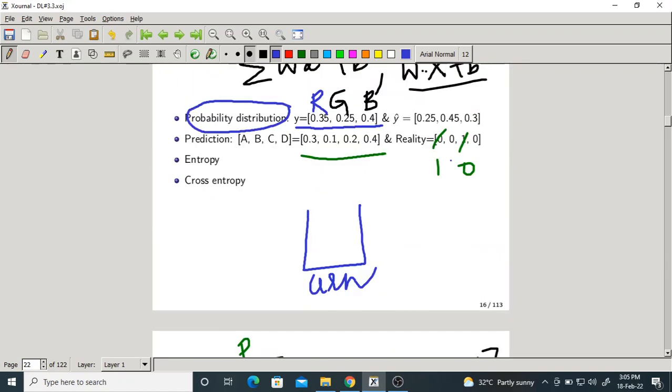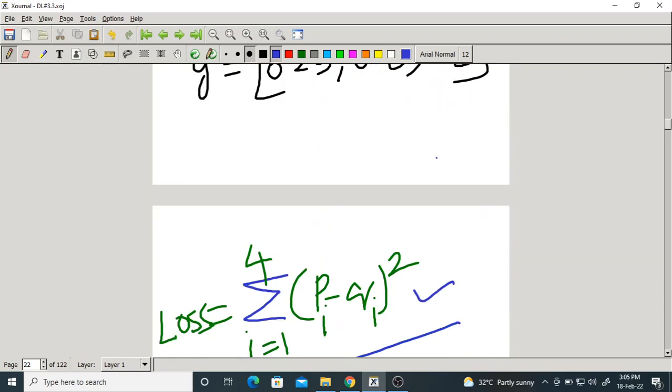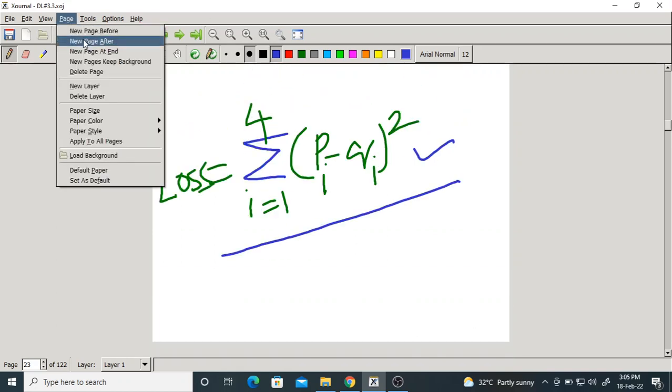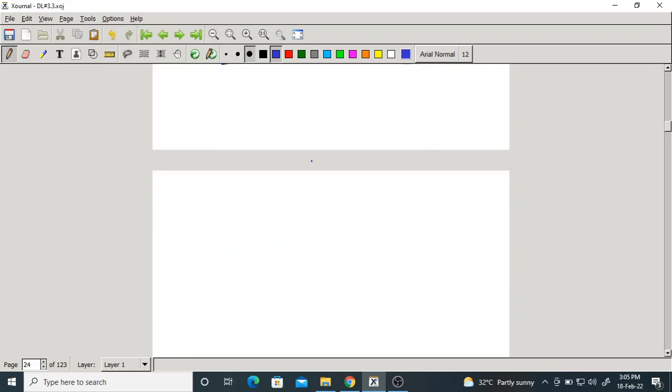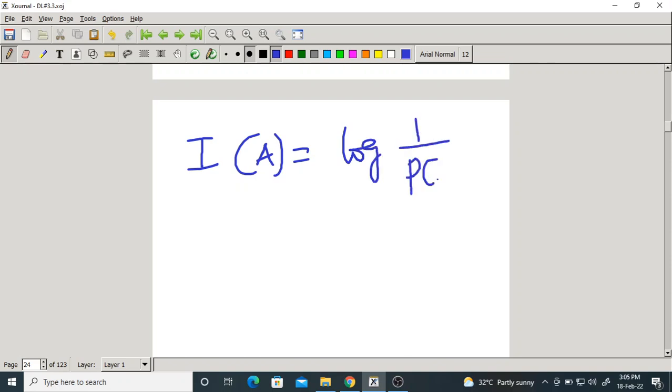Now let us get into some other topics. What is information? We have studied these things in information theory. If any event occurs, it gives some information. The information we get from that event is given by log of 1 by the probability of occurrence of that event.